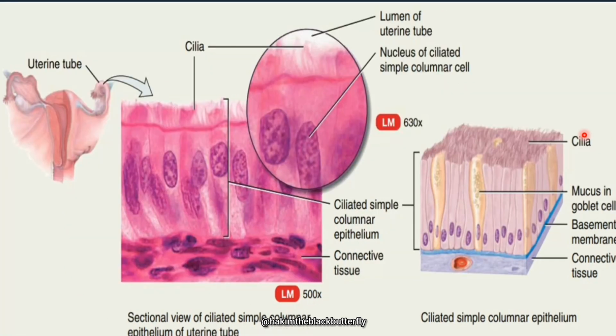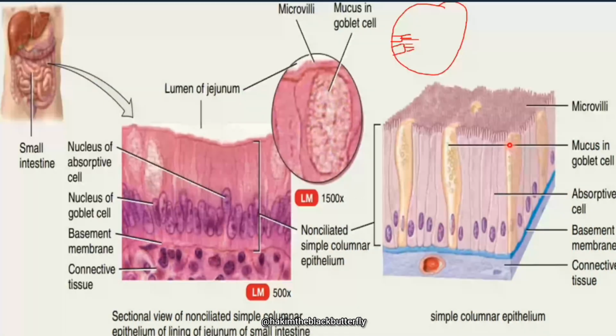So we also have the same epithelium in other parts of the body, for example, the fallopian tubes. These tubes have this epithelium, but the difference is that the apical surfaces of these cells are going to be modified to have cilia. Cilia is not the same as microvilli. Microvilli are just straight finger-like extensions that are non-motile.